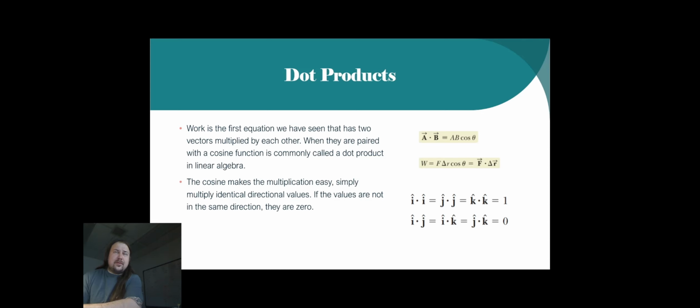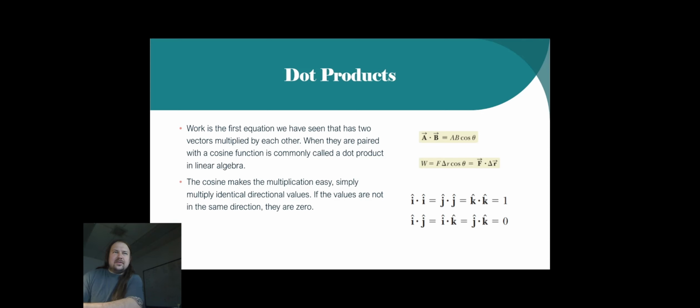So this is the first time we have some multiplication going on. When these things are paired up with a cosine function, just like what we have here, it's called a dot product. It's part of linear algebra, so it does fall under the algebra part of the course. And it's pretty simple to do. It's nothing that's crazy difficult or anything. It just makes the multiplication easy.